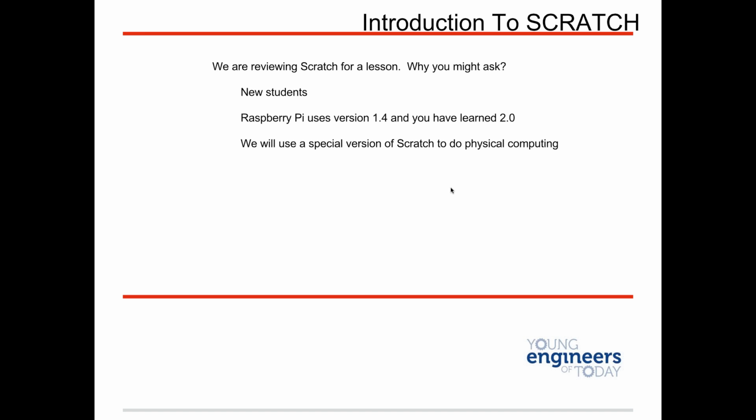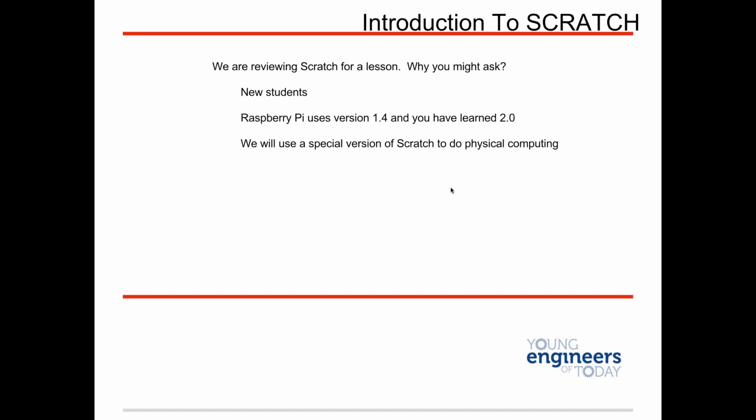And also, we have new students. Also, Raspberry Pi uses a version 1.4, and you've learned 2.0 with me. Some of you already stated you know 1.4. There are some similarities and differences. We will end up using a special version of Scratch, which Marissa stated, it's called GPIO Scratch, to do physical computing, and we plan on doing that in the future.